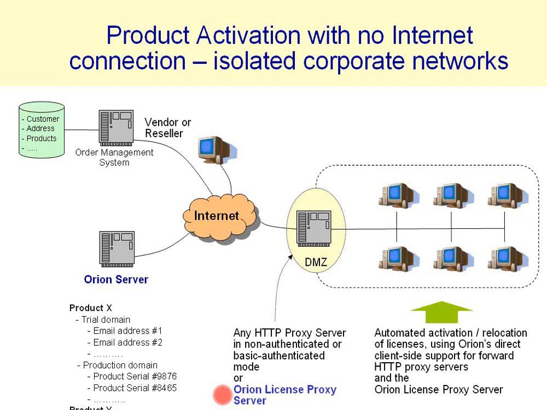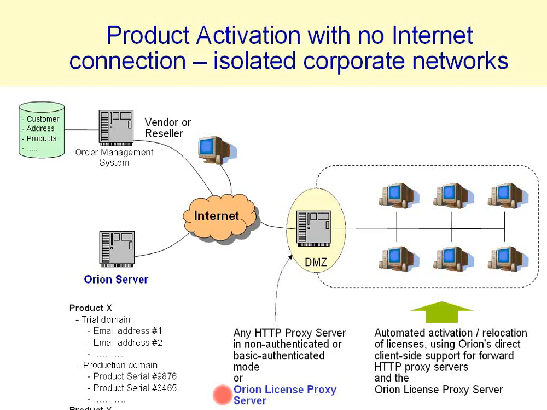In fact, this can be a multi-step type activation. One of the more complex ones we've seen in our customers is where there was a software application essentially on an embedded system, and then that embedded system was sold by a partner of the software vendor who was using Orion.